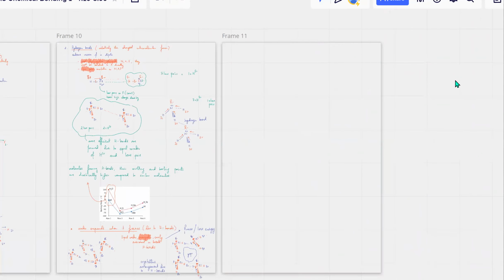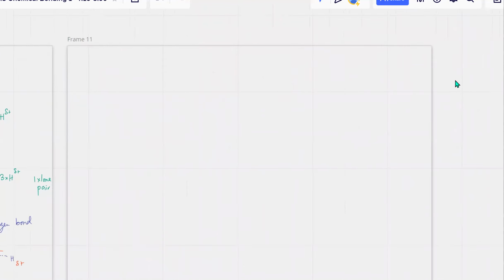if you've got methanol. Methanol is CH3OH. The O over here will have two lone pairs. The H will have a very strong positive charge because the O is directly bonded to H. That was one of the conditions.